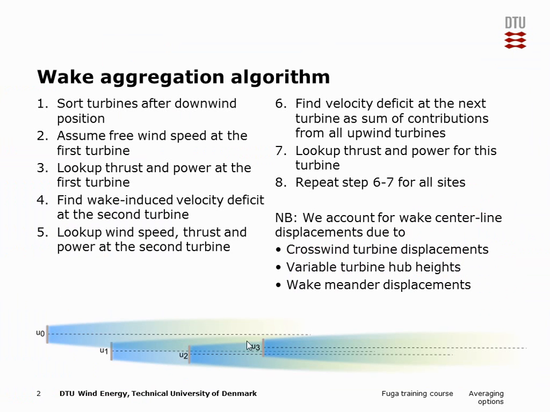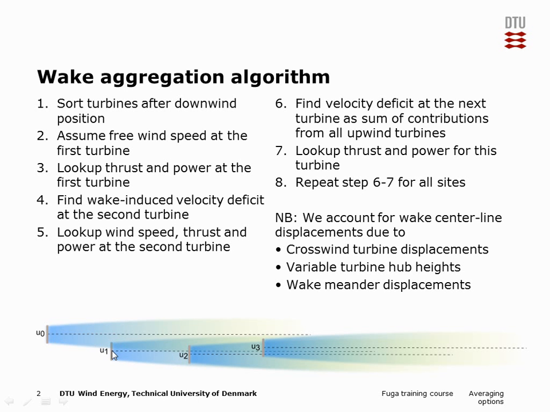And first we will remind you that we have this model for the wake effects. At the upwind conditions it's the free wind speed, then there's some wake sheltering at the second turbine, so it's running at a lower thrust, and it will also depend on how directly the wake will impact on the rotor plane.